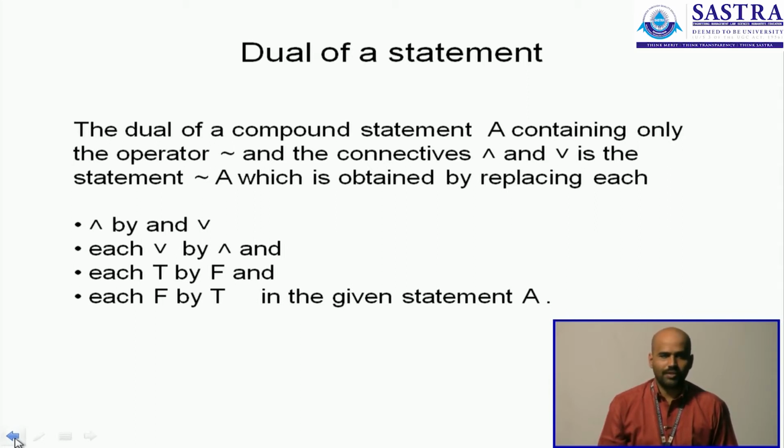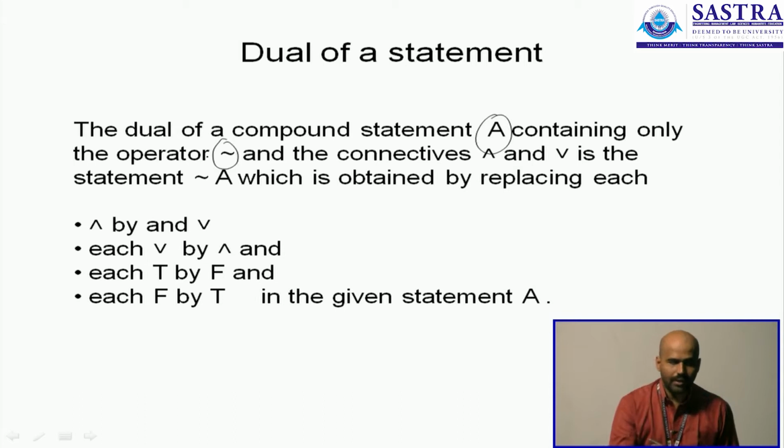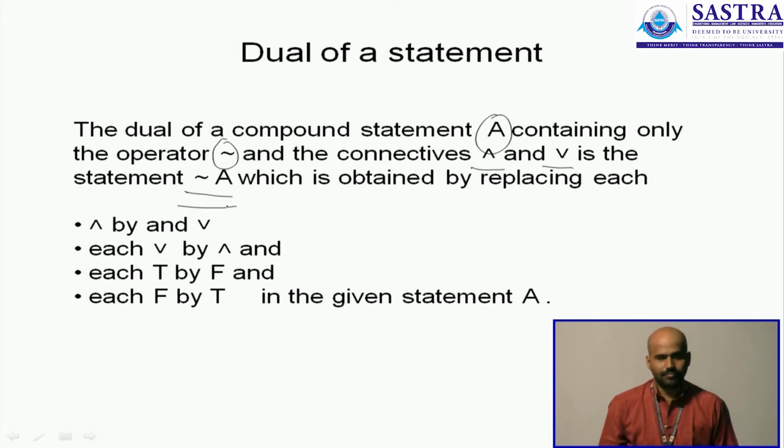On your screens you have the definition which tells you how to find the dual of any compound statement. The definition goes as follows. If you have a compound statement A which is expressed only in terms of the operator tilde or the connectives conjunction or disjunction, then its dual, namely tilde A, is obtained by doing each of these four simple operations.